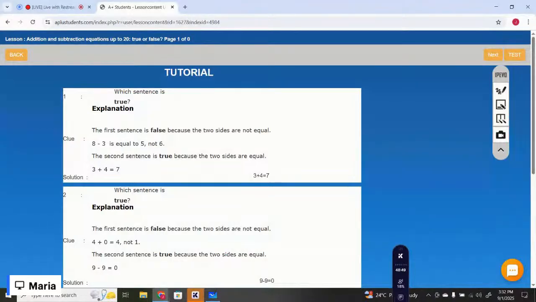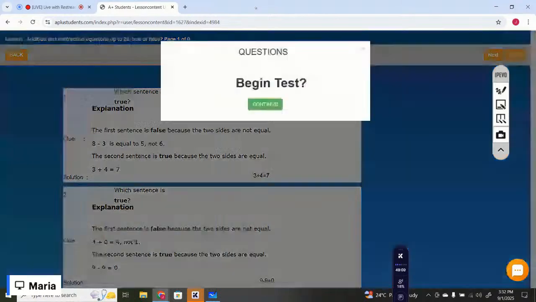Which sentence is true? The first sentence is false. Let's just start with the test questions.